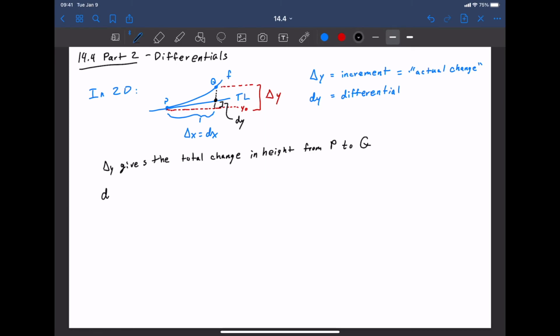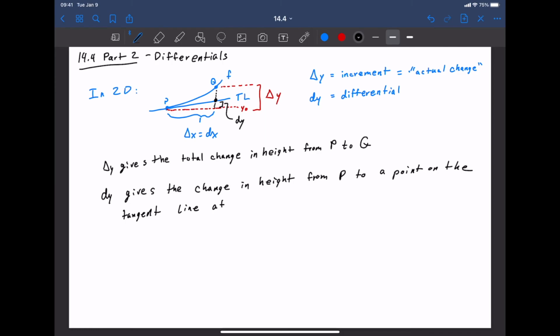Sorry. dy gives the change in height from P to a point on the tangent line at x plus delta x, okay?